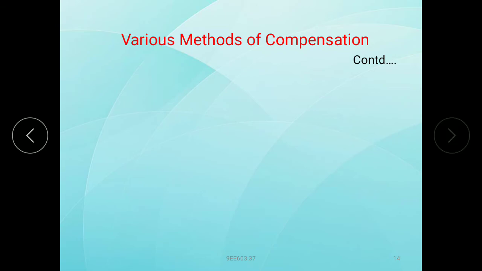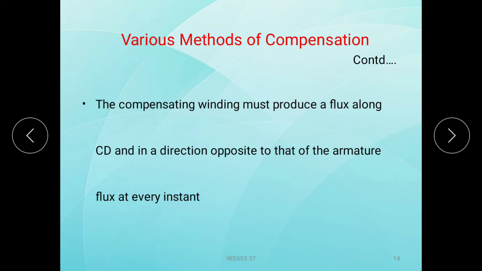Various methods of compensation: the compensating winding must produce a flux along CD and in a direction opposite to that of the armature flux at every instant.